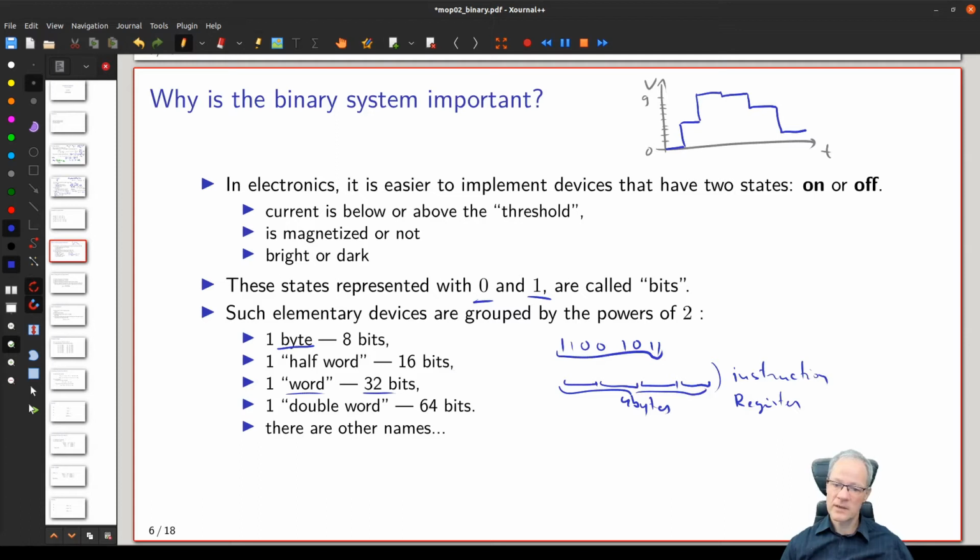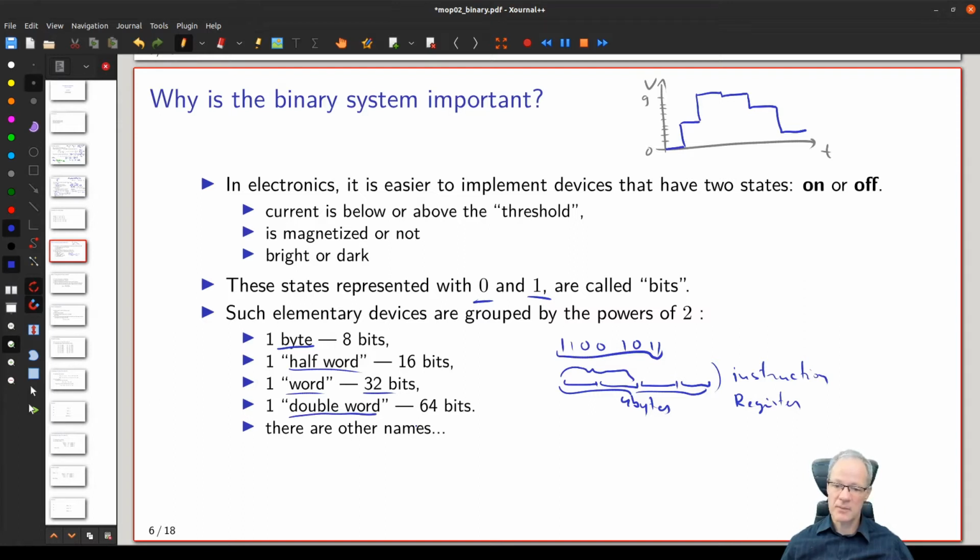For convenience, there's also a half word if we are using just 2 bytes. And then there is a double word for 64 bits, meaning 8 bytes, if we need bigger numbers or higher precision information. These are the names that we are going to use during this course, and that are used in many programming languages.